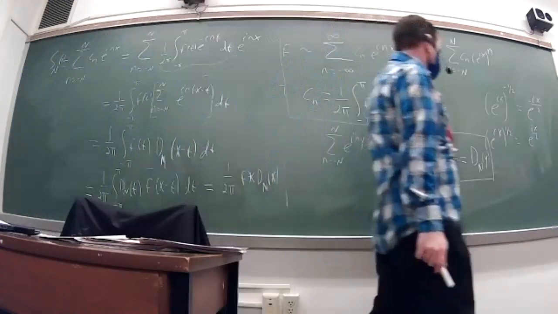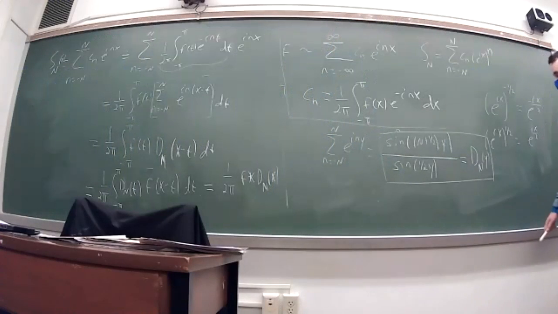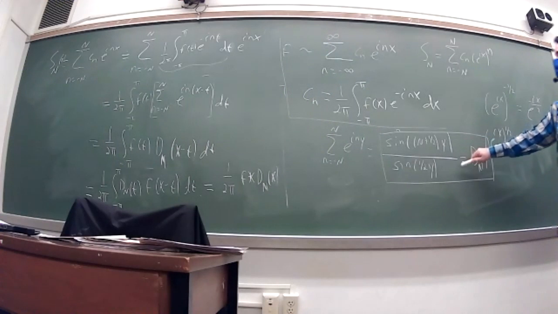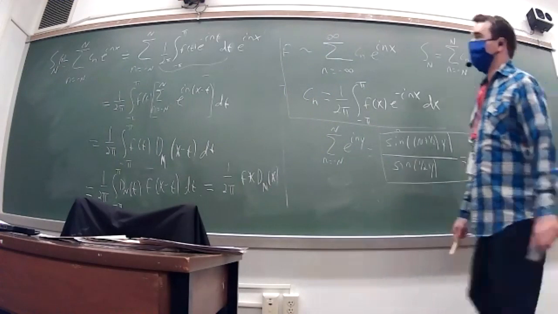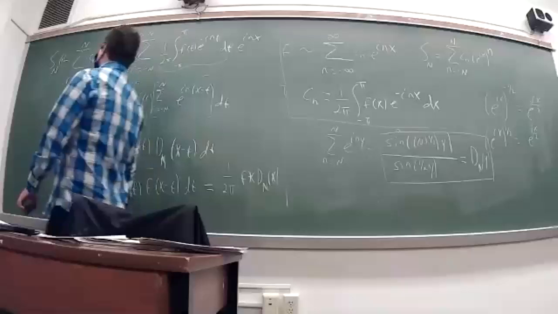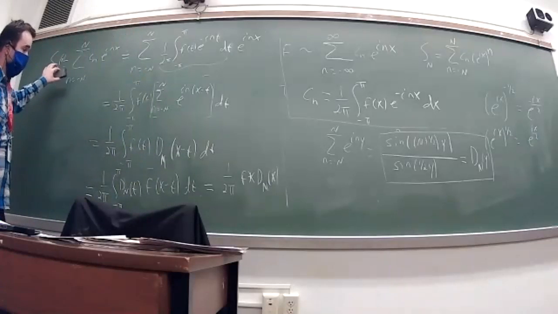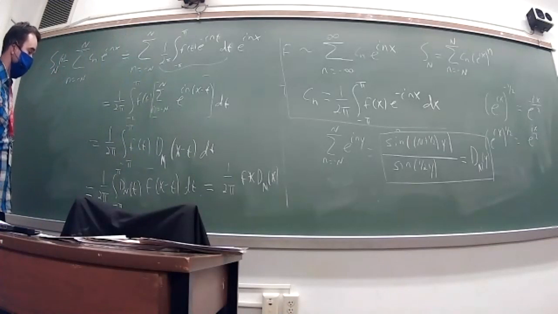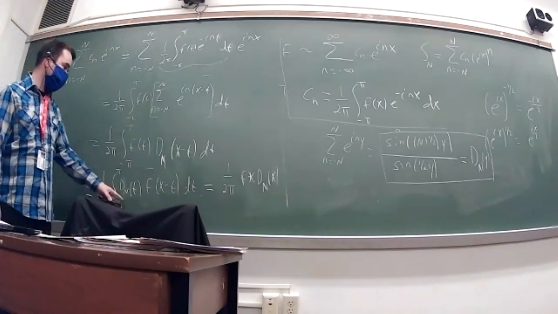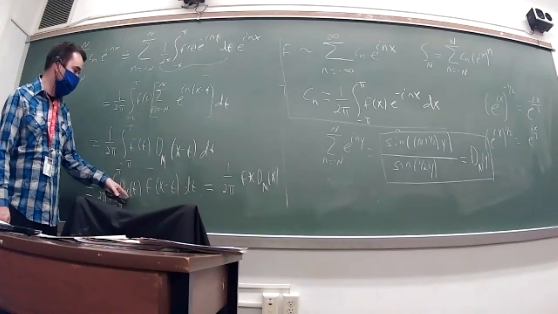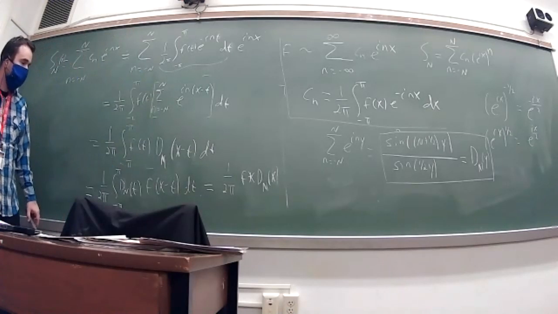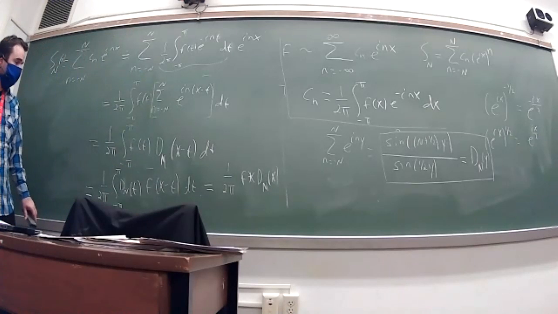So that's why we like complex Fourier series, because you've got this specific formula that says the Fourier partial sums for any function, as long as it's integrable, are given by just integrating that Dirichlet kernel against f of x minus t.